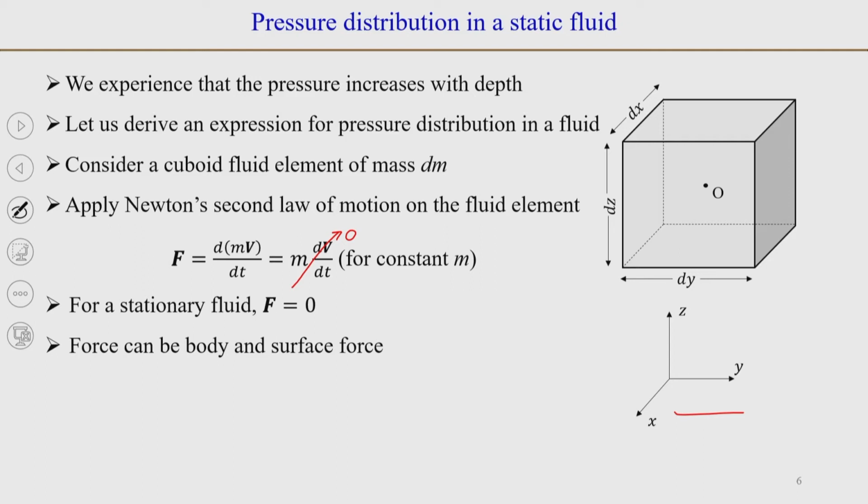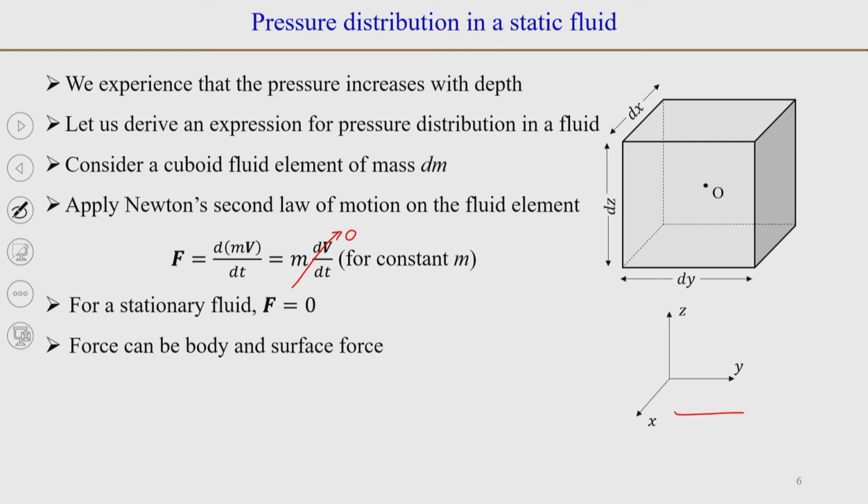As we said earlier, in a static fluid, the viscous force is 0 because there is no motion. So, the only surface force we will have is pressure force, and the only body force that we will have is gravity. So, we need to calculate what is the body force, and we need to estimate what is the surface force on this fluid element.